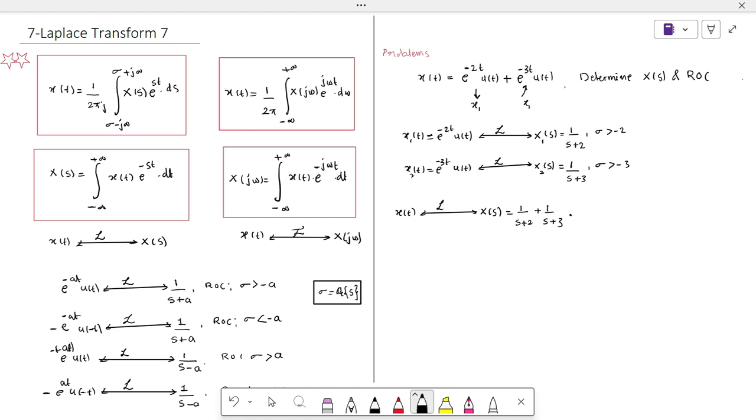So what we have to do? Before that, here I am drawing the region of convergence of each individually.